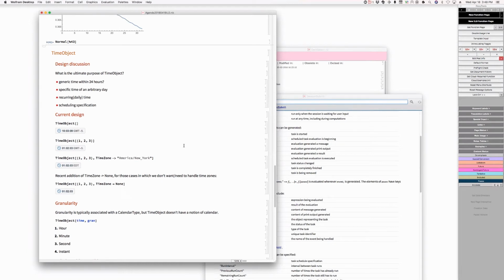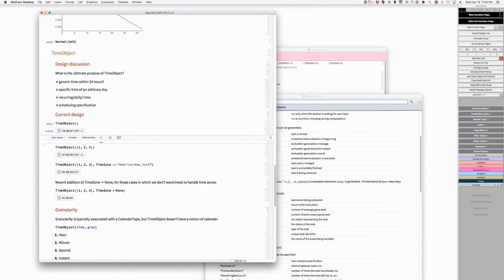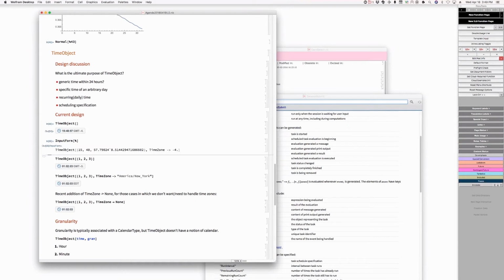So if I say that time object and I add a day to that time object, what on earth happens? This time object here is in my time zone. Okay, great. Now what happens?